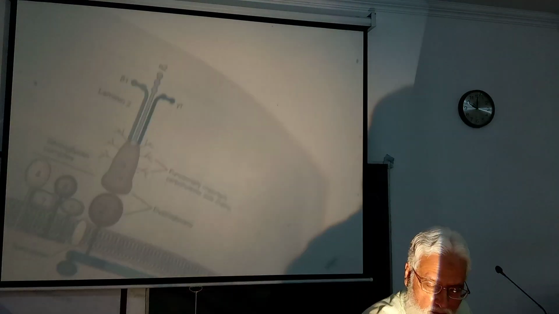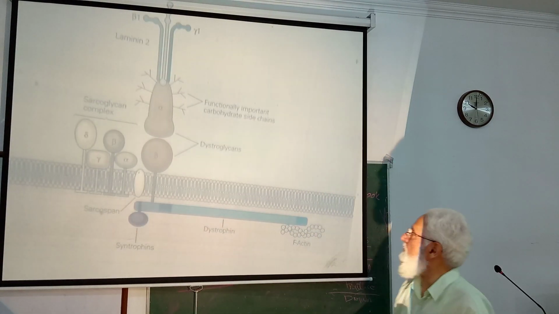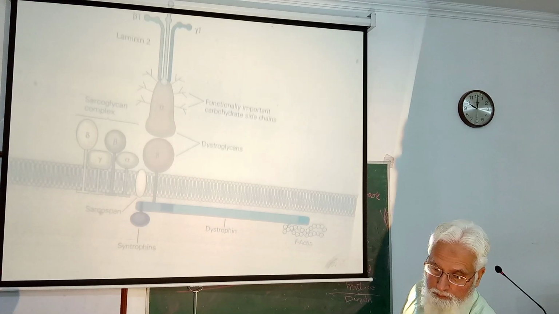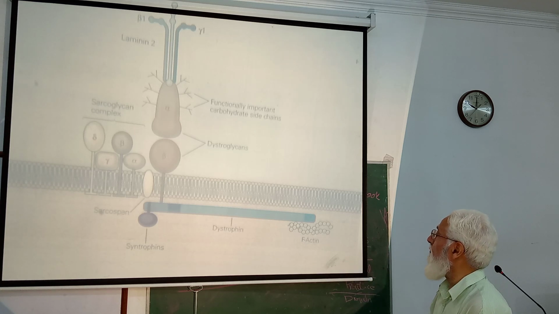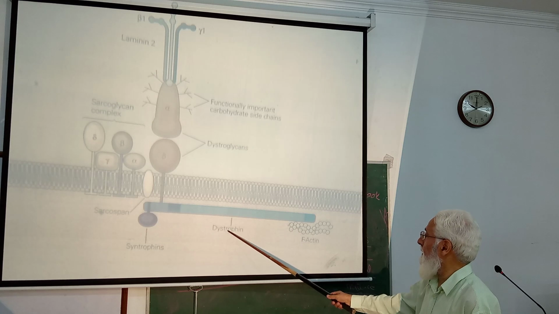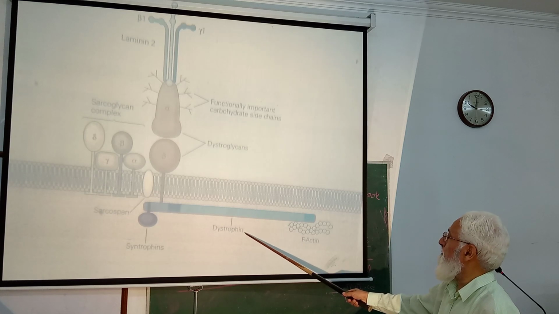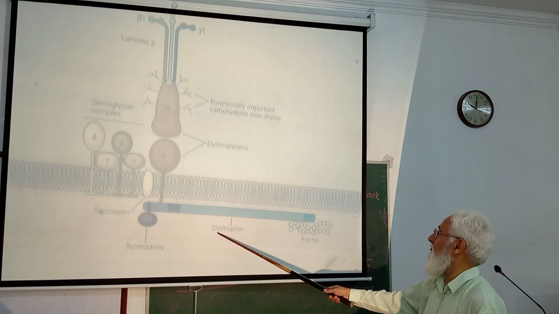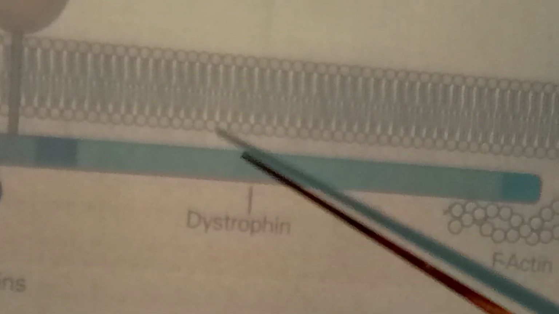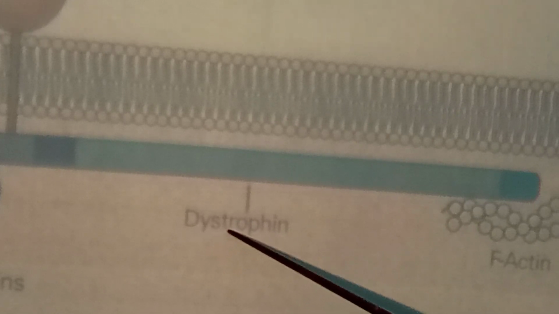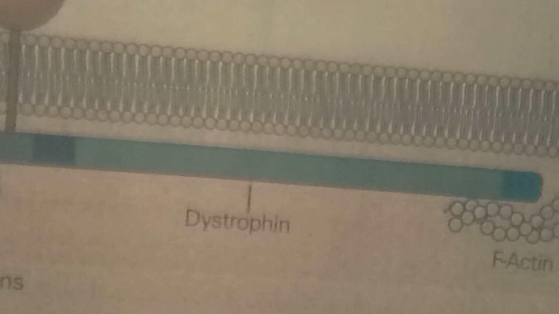So there is a deficiency or mutation of the protein dystrophin, and this results into the Duchenne muscular dystrophy.